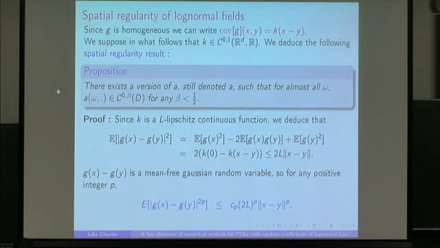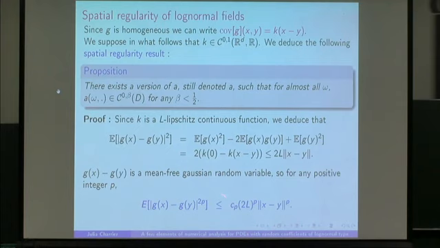L is a Lipschitz constant, and then you can use the fact that g(x) minus g(y) is a mean-free Gaussian random variable. As you know, for a mean-free Gaussian random variable, you can bound the moment of order 2p by a constant times the variance, and the constant is independent of the choice of g. And you get this inequality.